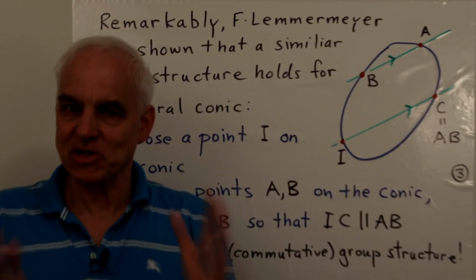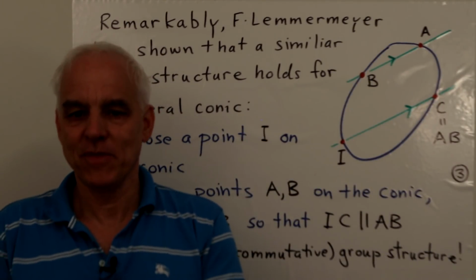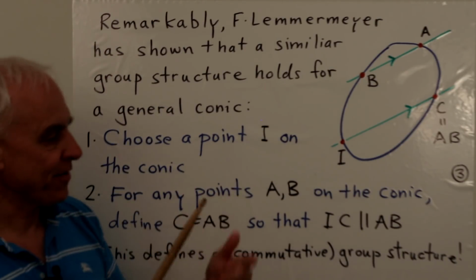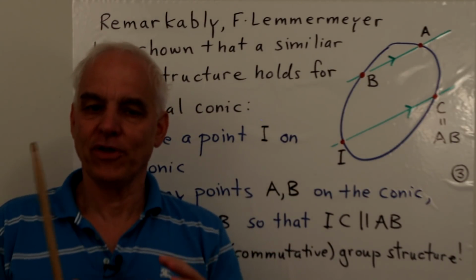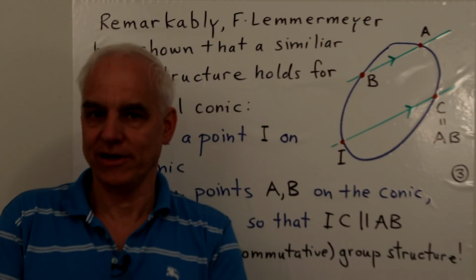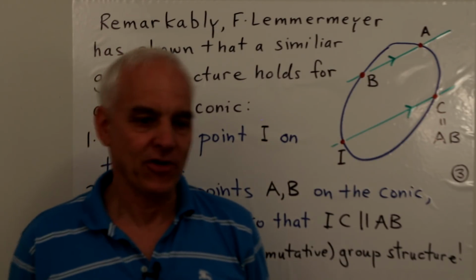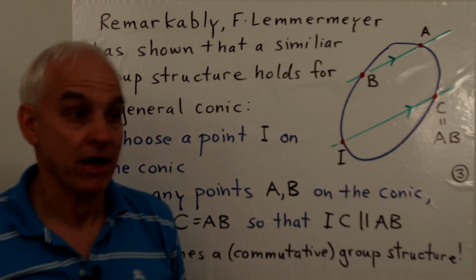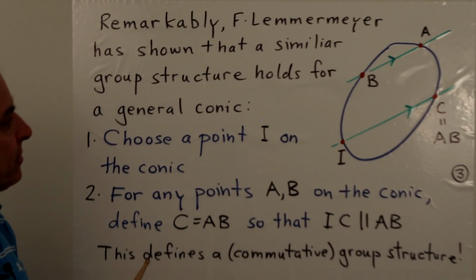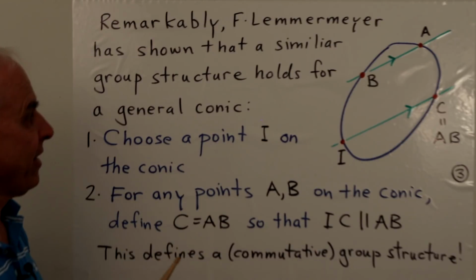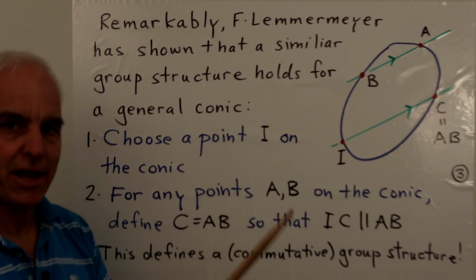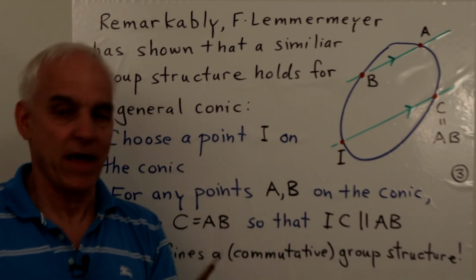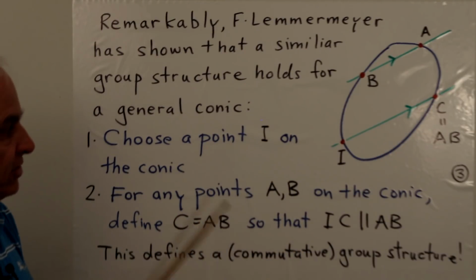Now, it's a little bit of a surprising and very elegant fact that the phenomena that we talked about actually extends from the circle to general conics. And this was a beautiful observation made by Franz Lemmermeyer, a German mathematician, who showed that you could take any conic and define a multiplication of points on that conic, exactly in the same way that we've just described.